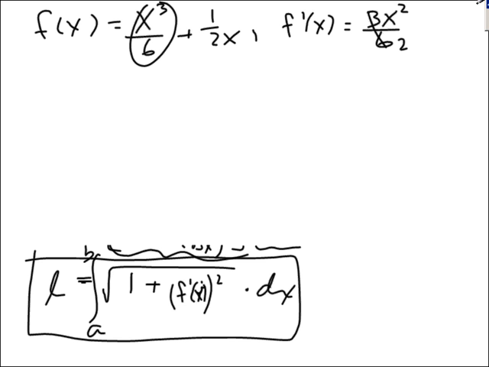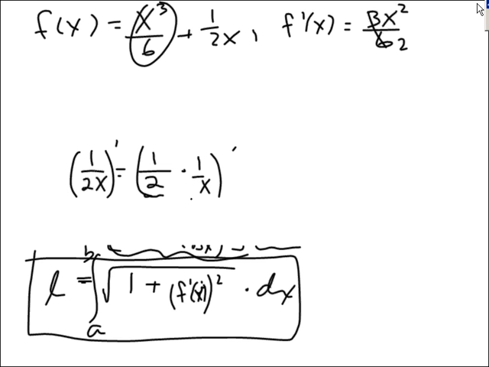Now, the derivative of a half x. Well, remember, that's 1/2 times 1 over x. Taking the derivative of a constant times a function, there's a rule that says you can just keep the constant and take the derivative of the function, 1 over x.